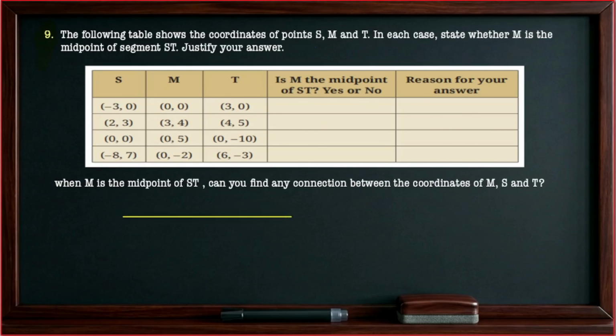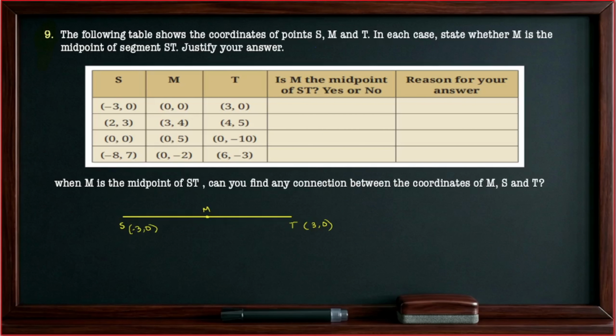The line segment, it's given. So this is S, this is T, and the midpoint, this part, this is M. Okay. So the first one, it is given that S is minus 3, comma 0 and T is 3, comma 0. They have given that the coordinate of M is 0, 0.